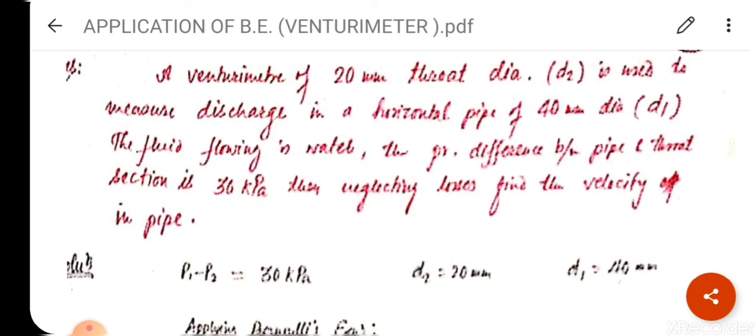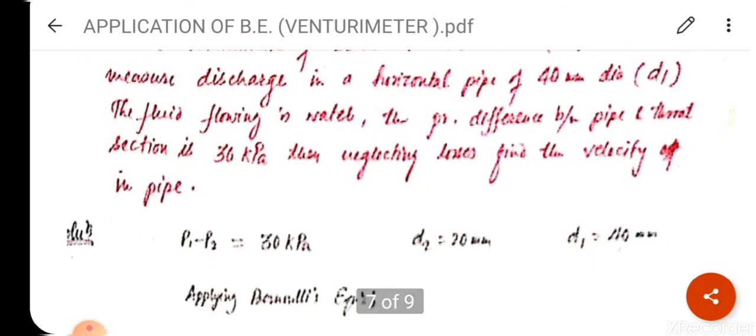The fluid flowing is water. The pressure difference between the pipe and throat section is 30 kilopascal. Then, neglecting losses, find the velocity in the pipe. This is given in the question: P1 minus P2 is 30 kilopascal, D2 is 20 mm, D1 is 40 mm.